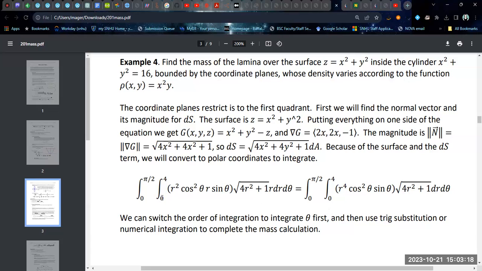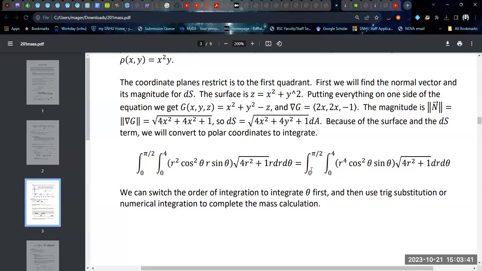And then we set our limits of integration. We're inside the cylinder of x squared plus y squared equals 16, so that gives us a circle of radius 4. And since we're only in the first quadrant in the plane, our theta limits are 0 to pi over 2.